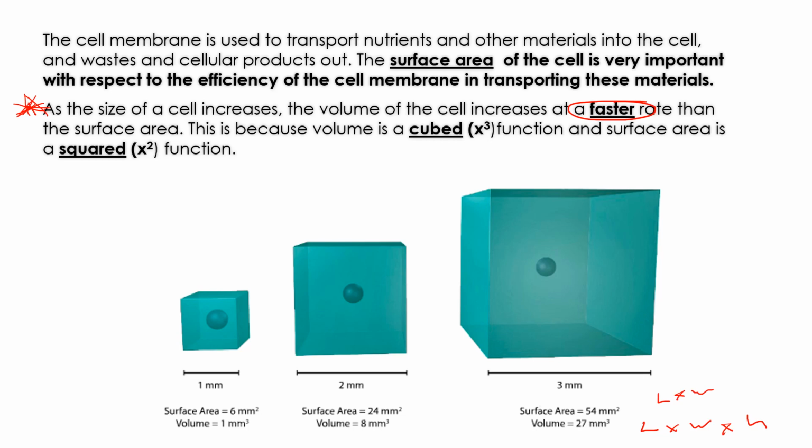Okay, so your volume is getting larger, so is your surface area as the cell gets bigger, but the volume increases faster than the surface area. And this causes problems when we're dealing with the exchange of materials, right? Because surface area means there's more cell membrane for exchange.